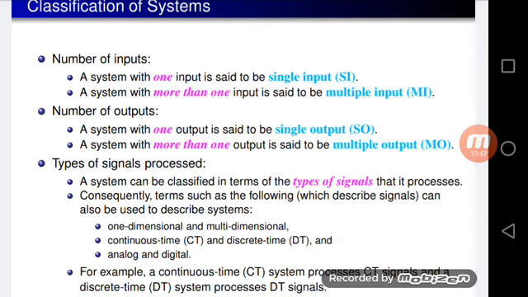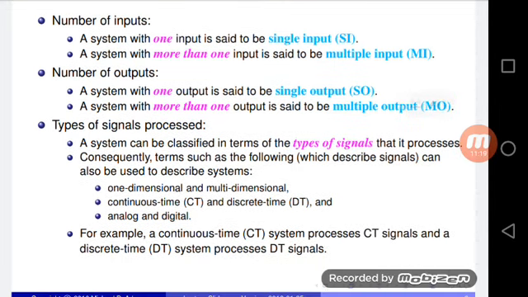By types of signals processed, a system can be classified in terms of the types of signals that it processes. Consequently, terms such as the following can also be used for systems: one-dimensional and multi-dimensional, continuous and discrete, which we already discussed, and analog and digital.